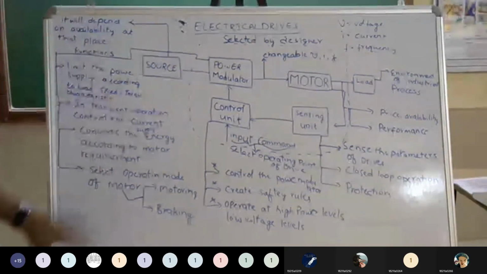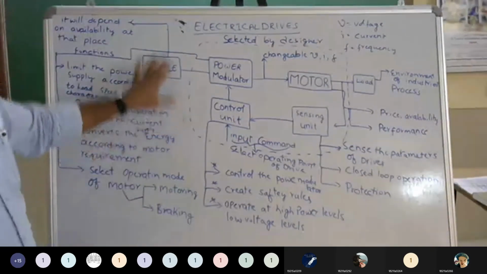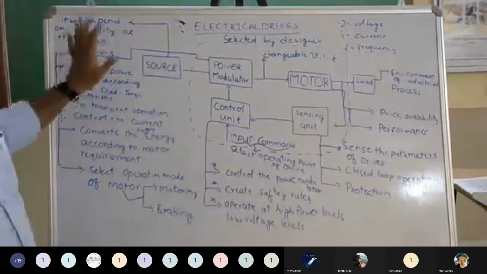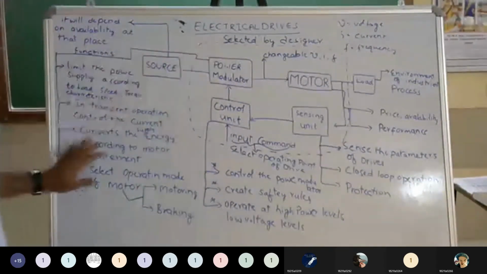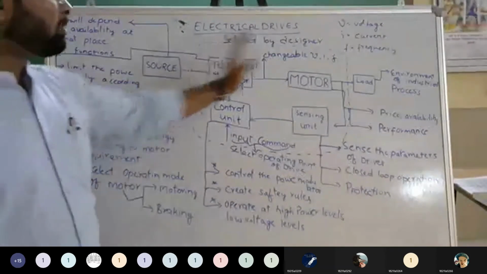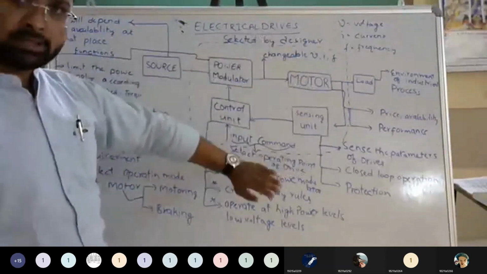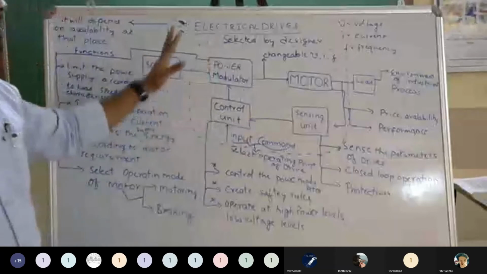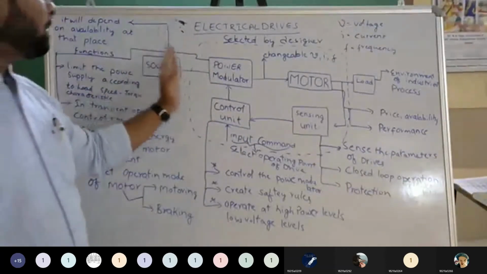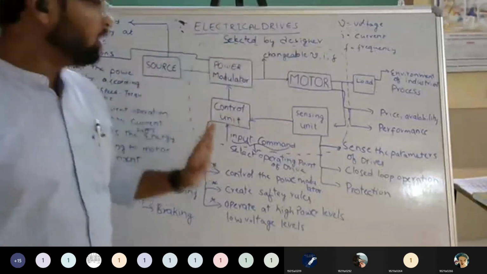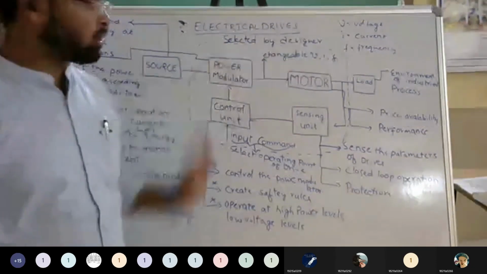Simply, as brief, once again I will go. There is a source. So source generally will be selected by the availability of the place, and then we have a power modulator. There are 4 functions of power modulator, which will supply the power to the motor according to the load torque characteristics, and which will control the current from the source in the transient operations, and which will convert the power from the source according to the motor, and which will select the operating mode of the motor.